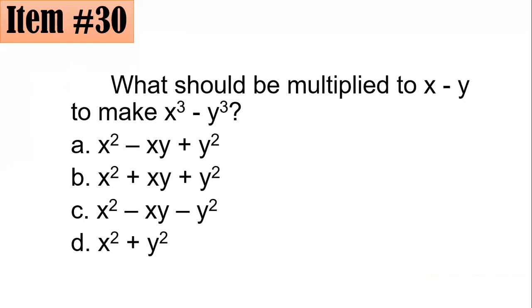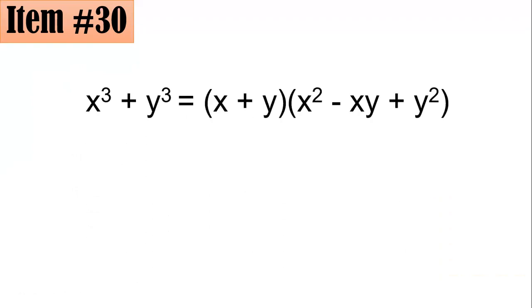What should be multiplied to x minus y to make x cubed minus y cubed? Which of these two expressions do you think we should multiply? Is it A, B, C, or D? To answer that question, it's important that we recall our identities.